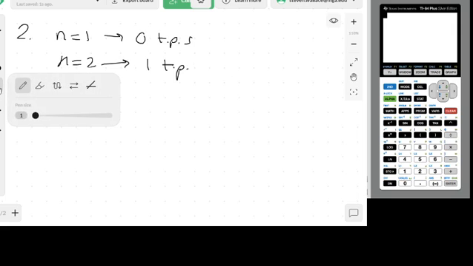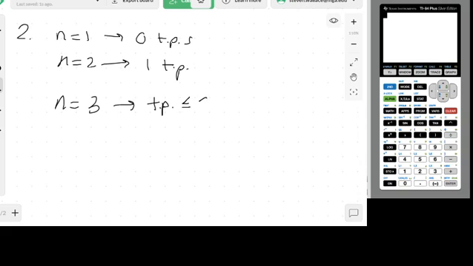Okay. However, if you get higher order or higher degree, then the number of turning points is no greater than the degree minus 1. You could have fewer than that.